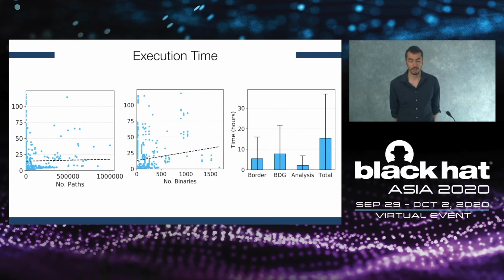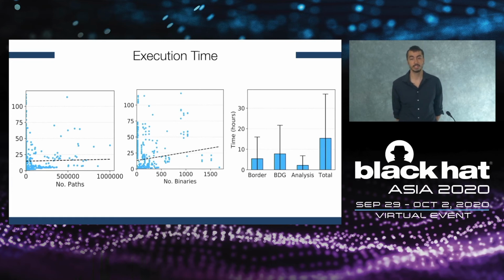Finally, we measured Caronte's performance, and as you can see from the first two graphs, Caronte scales well in terms of number of analyzed paths and number of analyzed binaries. As you can see from the third graph, Caronte in some cases took more than a day to analyze some firmware.